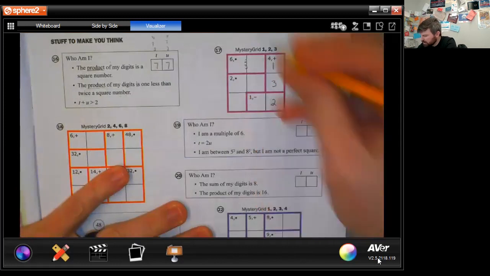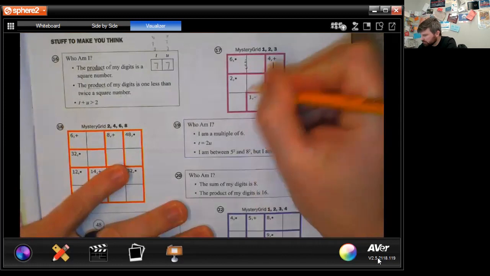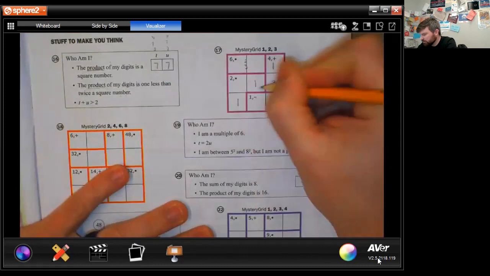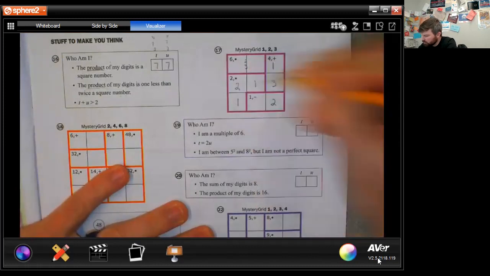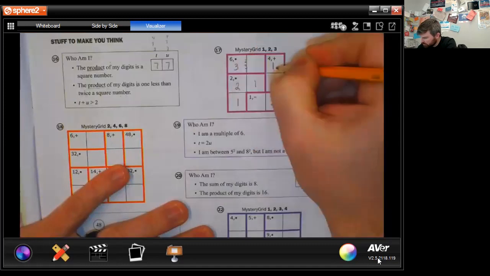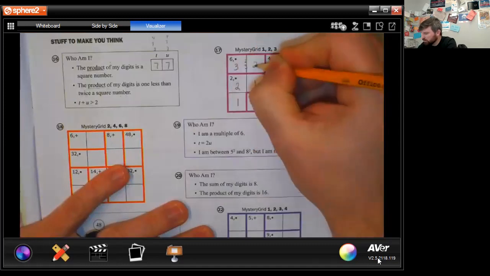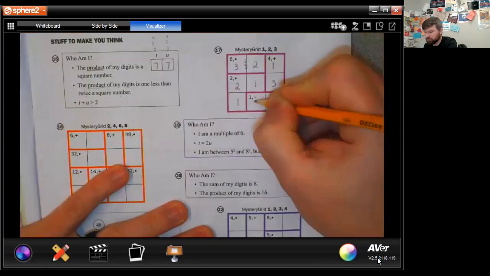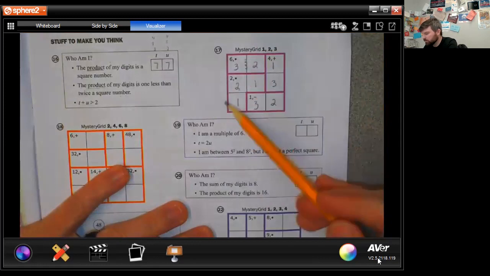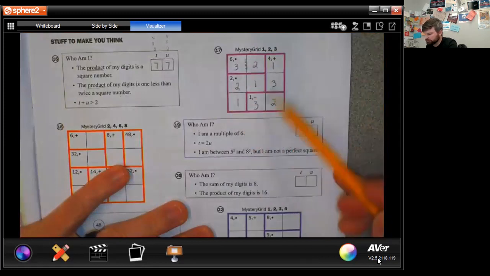The way we get that, the ones have to go in opposite spots. They can't go in the same row or column. Then we'll put a 2 here. So 1, 2, 3 must go here. 1, 3, 2 must go here. 1, 2, this must be a 3. And you fill in those. You can see we still have our pattern: 3s, 2s, 1s, 3s, 2s.